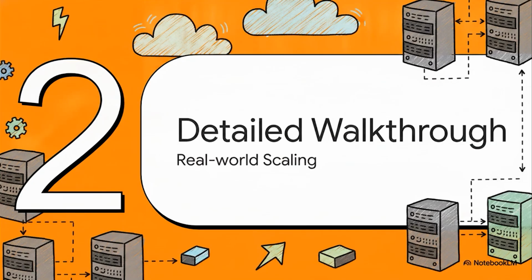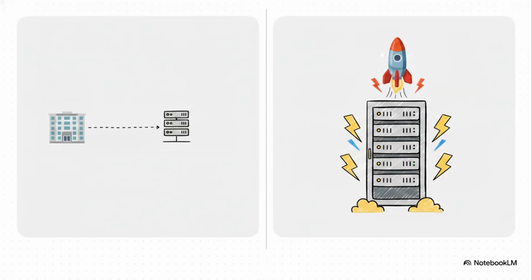Moving into Section 2, a detailed walkthrough looking at real-world scaling. Let's ground all this theory in some real-world infrastructure deployments. Take our first example, a ROBO, or remote or branch office deployment. These are often single-socket edge nodes operating at the absolute bare minimum requirements to save on cost and physical footprint. But then look at example 2. This is a completely different beast, a high-performance NVMe cluster.